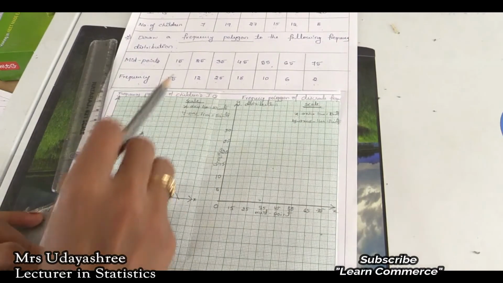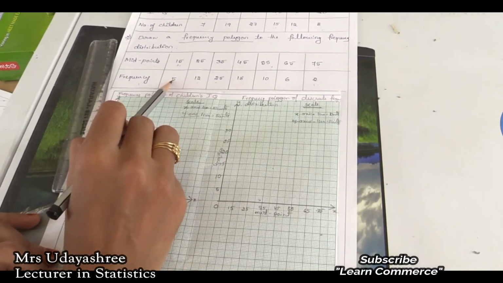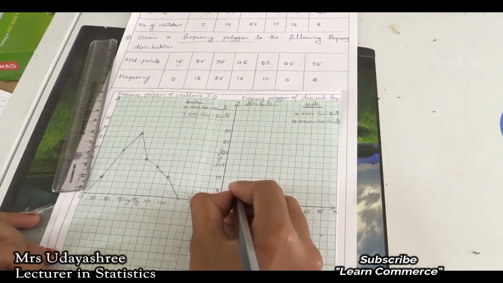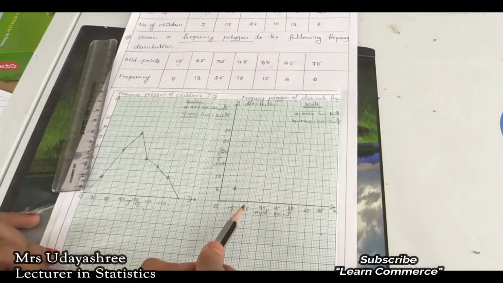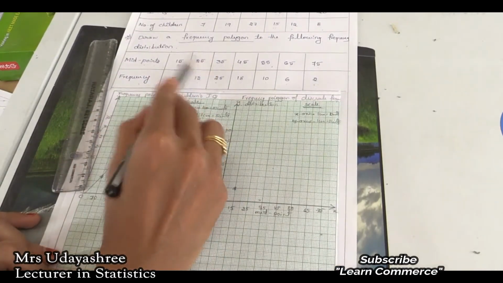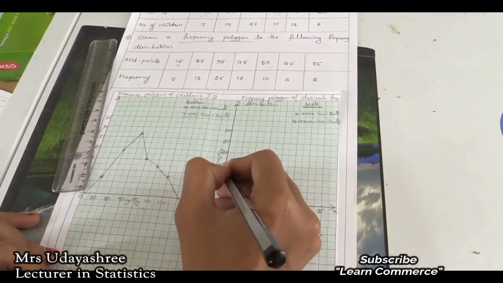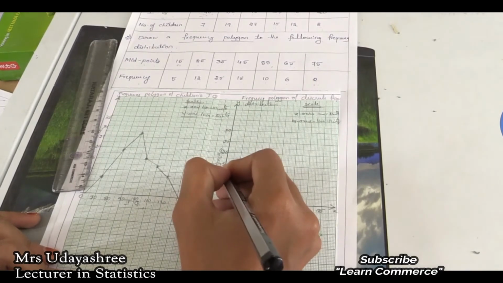See the first class, 15, with corresponding frequency 5. So 5 is here, and we plot one point like this. Next midpoint is 25, with corresponding frequency 12. 10 is here, 15 is here, and the middle point is 12.5, so 12 comes here.